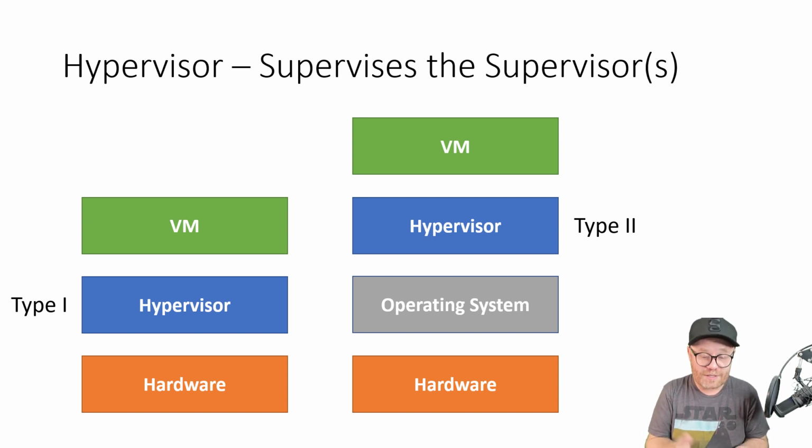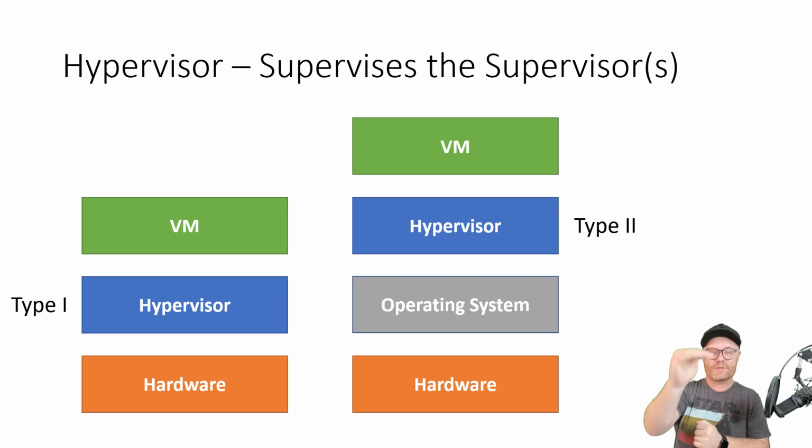Type 1 just means, as you can see on the screen here on the left, type 1 hypervisors are on first. There's the hardware, and then the first layer on it is the hypervisor, and then we build virtual machines on it.